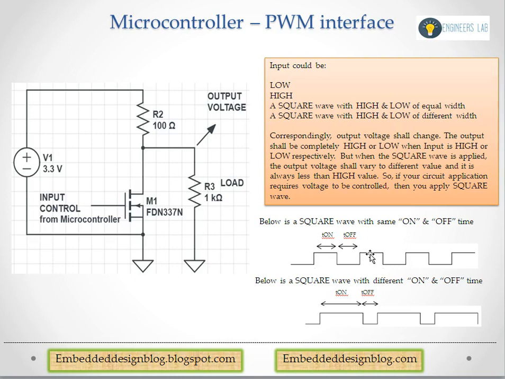And there could be another scenario from the microcontroller where this is also a square wave, where the on pulse time is greater than the off pulse time. So that's what we are talking about here, a square wave with high and low of different width. These are the different scenarios.